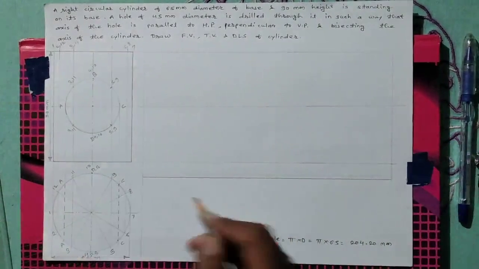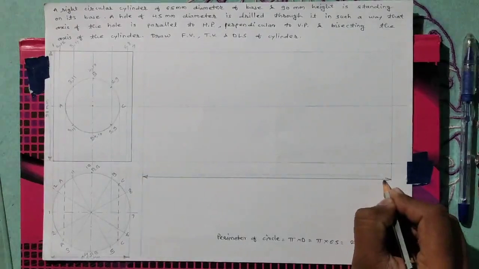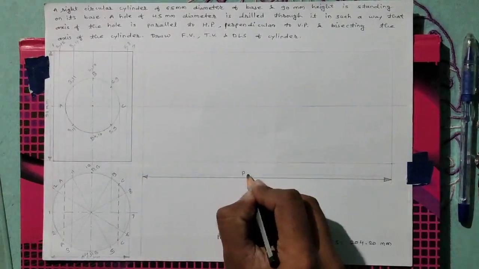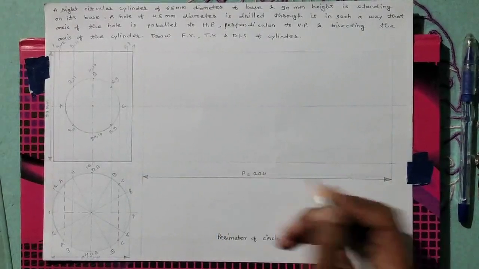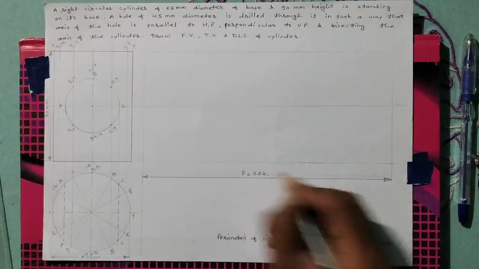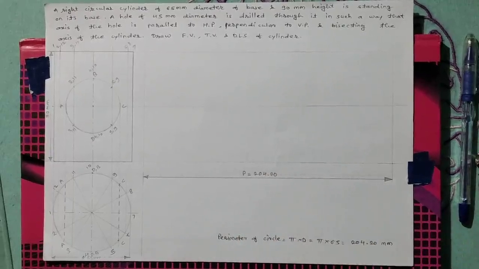This is the distance. Perimeter of circle is equal to 204.20 mm.